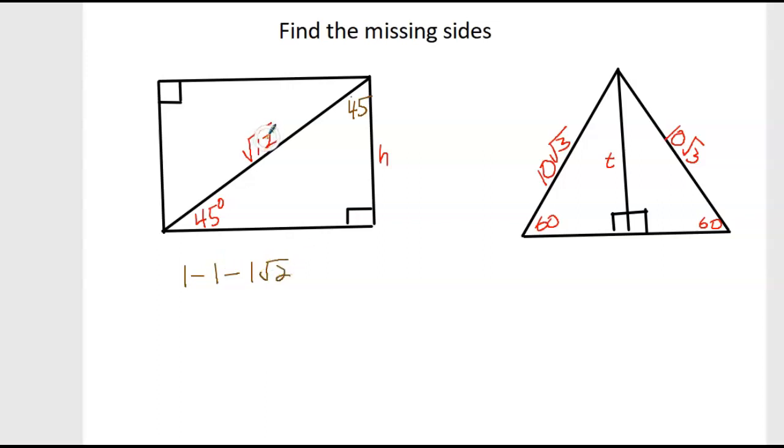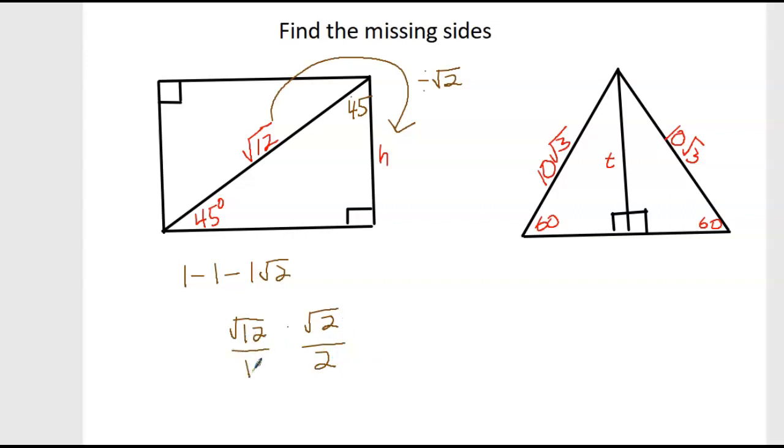Here we have been given the hypotenuse, so for us to come here, we divide by square root of 2. That's the process. But out of the process, we realize that if we take the hypotenuse and multiply it by square root of 2 divided by 2, that will get us our answer.